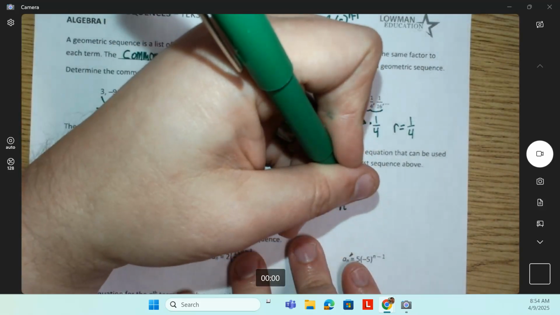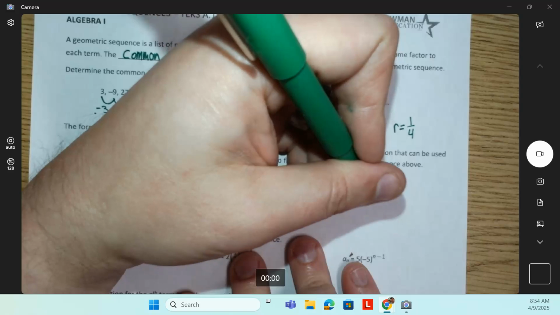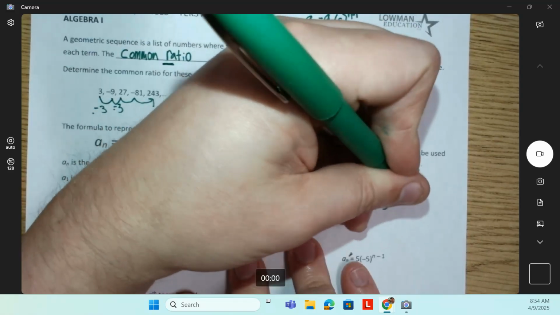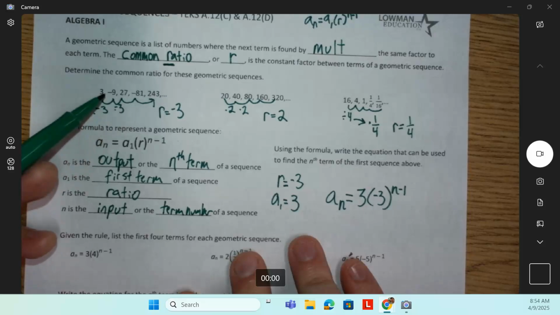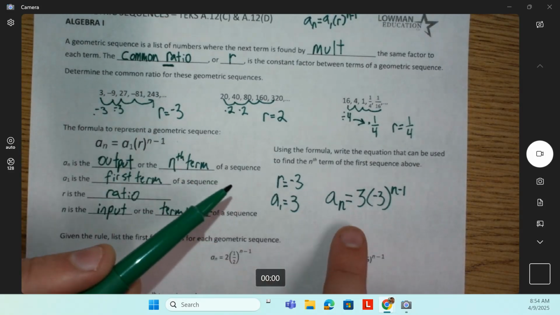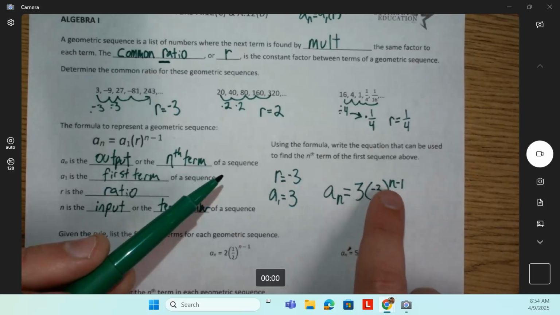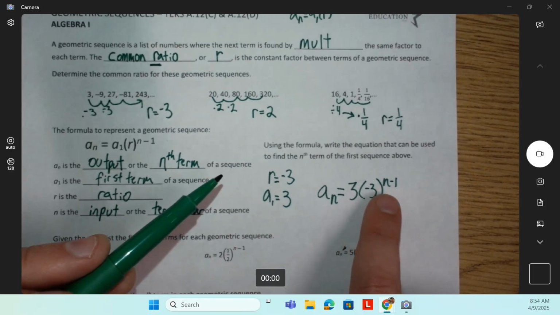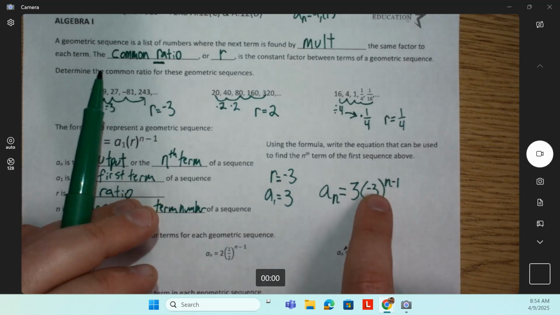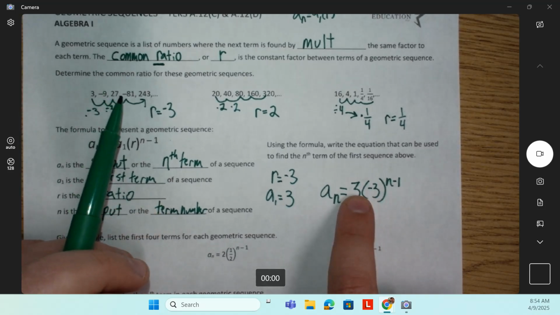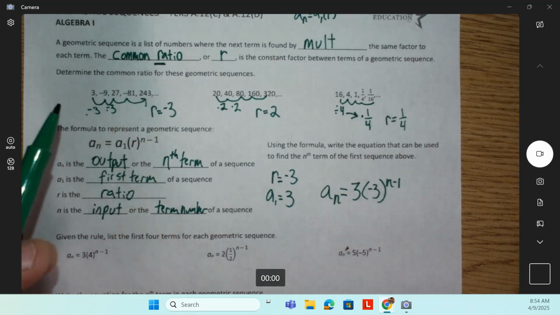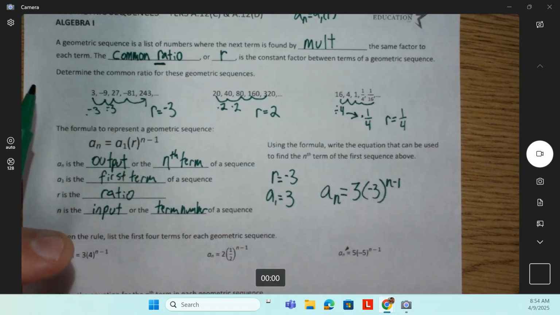So a_n equals 3 times -3 to the n minus 1 power. And the way it works is if I want the third term, I'd put in 3, and I do 3 minus 1, which is 2. So -3 squared would be 9, and 9 times 3 gives me 27. So it really does work in a way that helps you find everything you need.